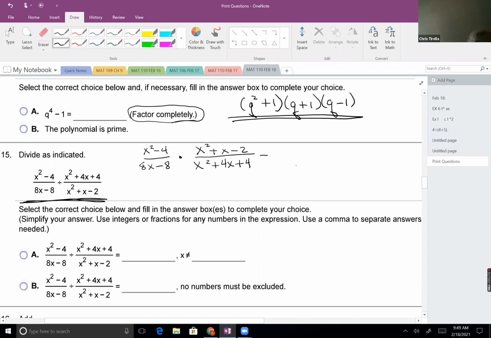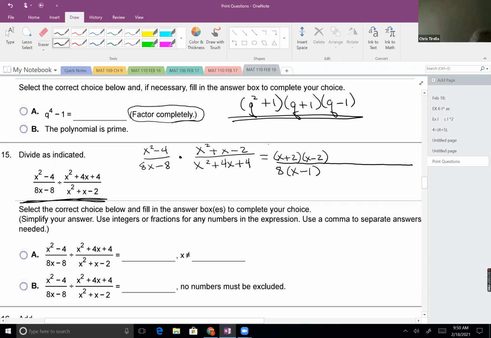And then we said the rule to multiply is really just factor. X squared minus 4 factors into x plus 2, x minus 2. 8x minus 8, there's a common factor of 8, leaving me with x minus 1.